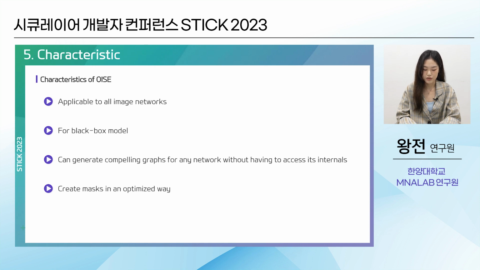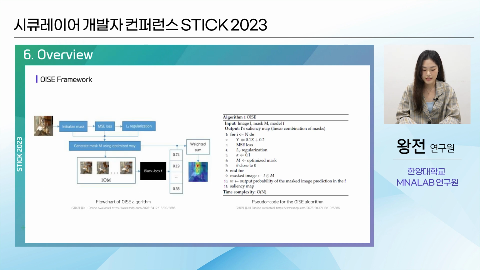And it can create a mask in an optimized way, optimize the loss function, and constantly update the mask to generate a minimum mask area that affects the decision score. So this is a specific implementation method. First, input the image I and initialize a random mask, and optimize the MSE loss function using gradient descent technologies.